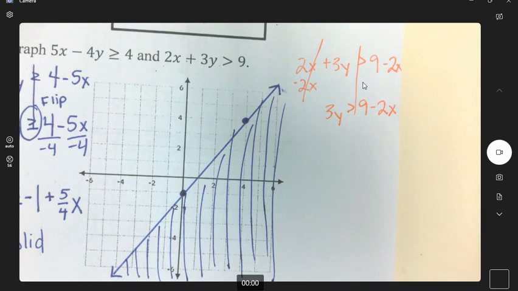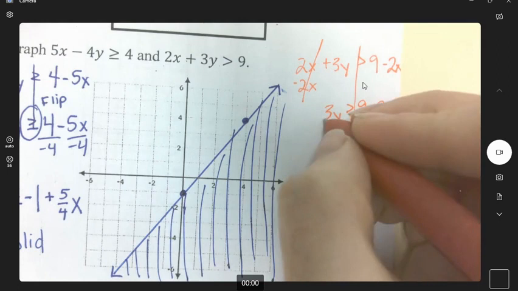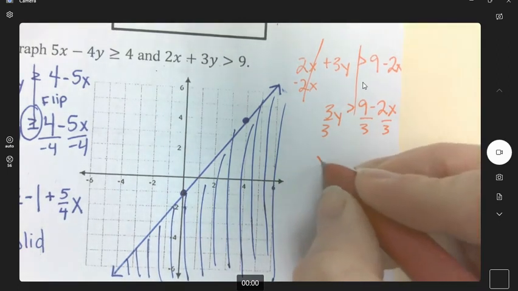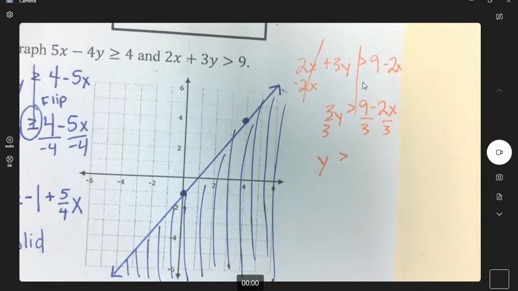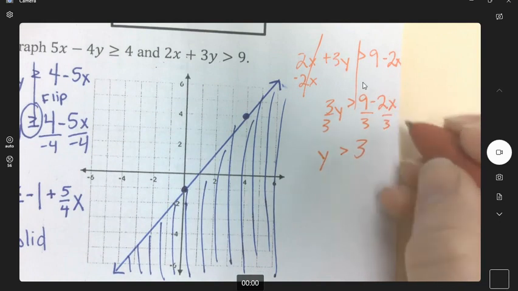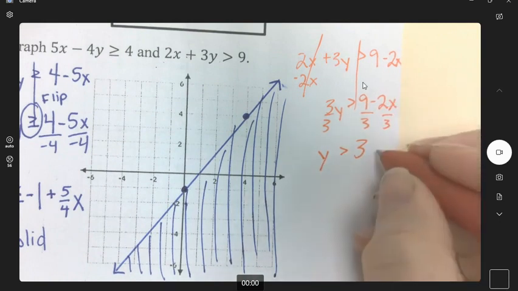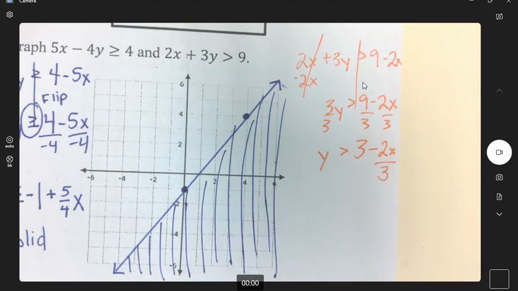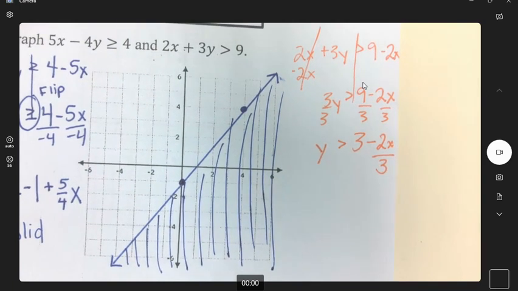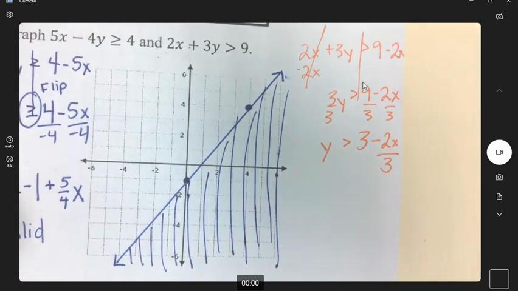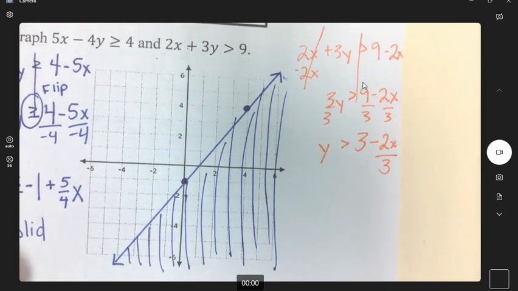How do I get y all by itself? Divide by 3 all the way through. So y is greater than, what's 9 divided by 3? 3. And I'm going to keep this because 2 divided by 3 isn't going to reduce down to a whole number. So 2x over 3. 9 divided by 3 is 3, so that's why I changed that to 3. You don't have to; you could keep it the exact same.